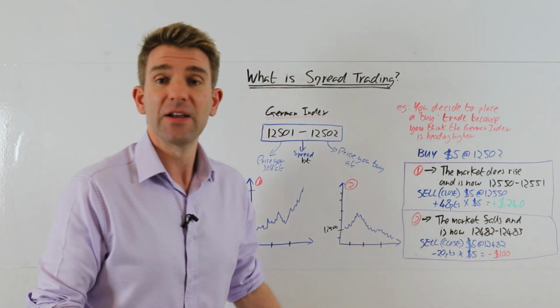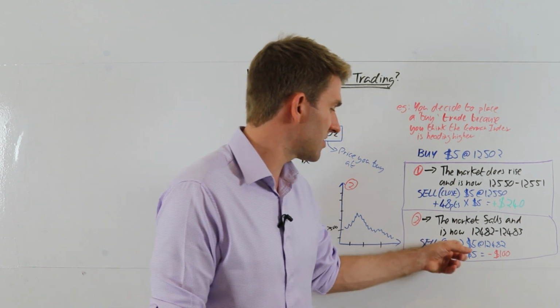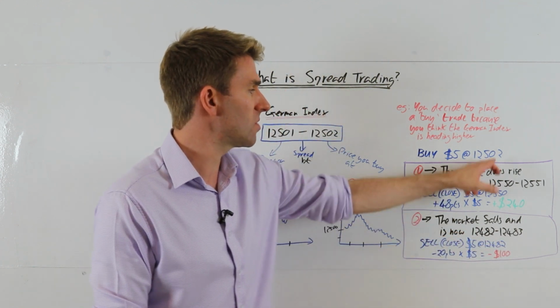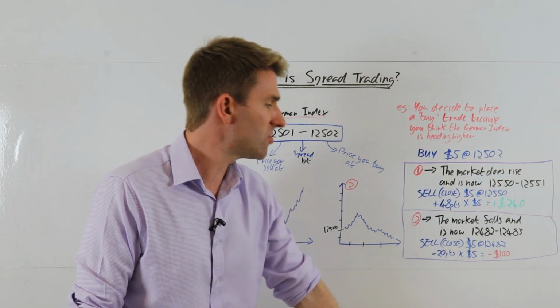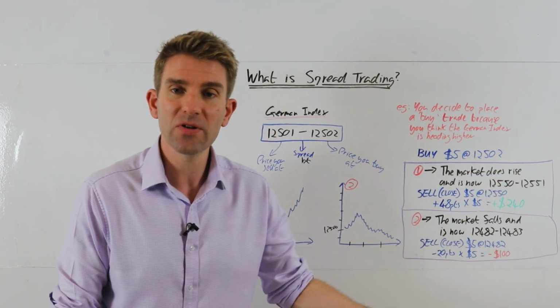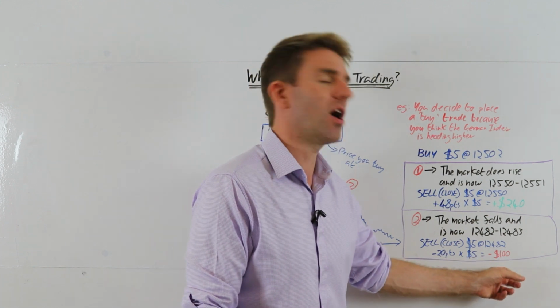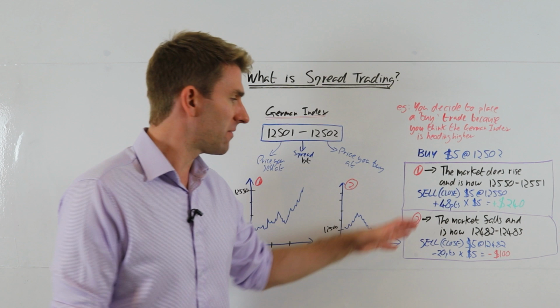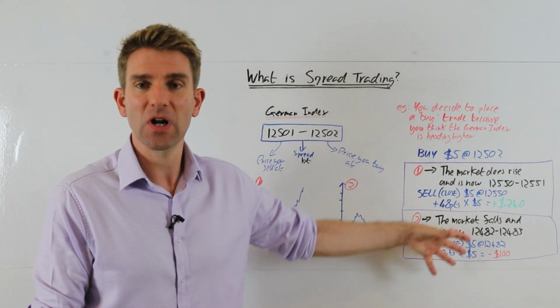So we're going to have to sell it at 12,482 and take this loss. We sell it to close $5, 12,482. We've lost 20 points on this one because we bought, remember, at 12,502. It's now 82, so 20-point loss. Times our $5, we've lost $100 on that trade.